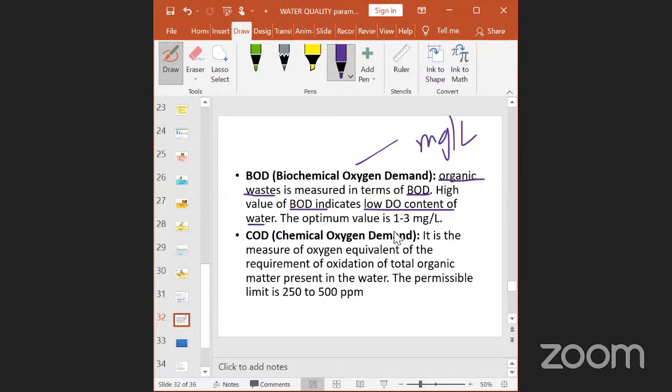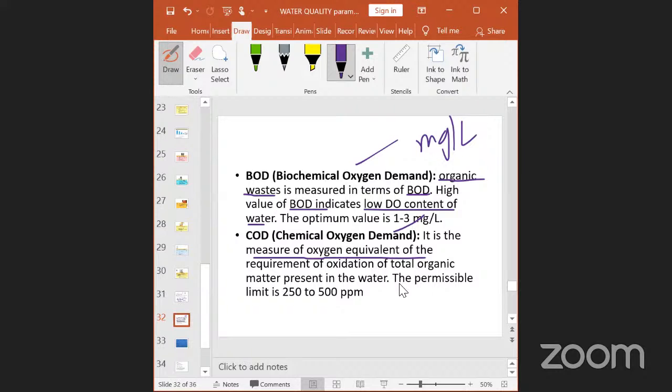The next one is COD. COD means chemical oxygen demand. Chemical oxygen demand is a slightly better way to measure the pollution load in the water. It is the measure of the oxygen equivalent of the requirement for oxidation of total organic matter present in the water.